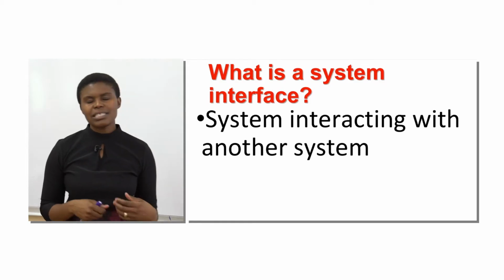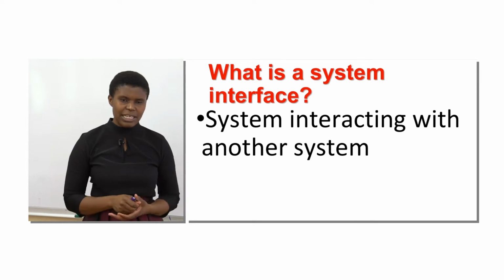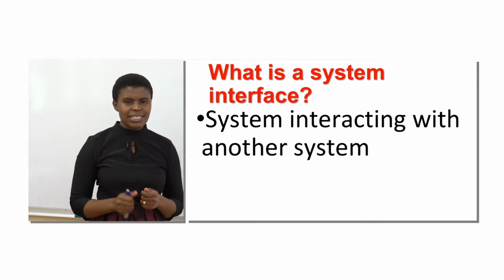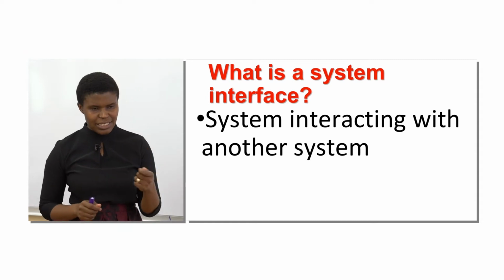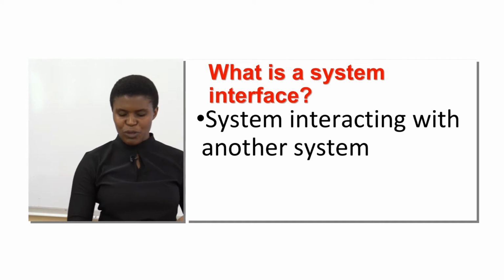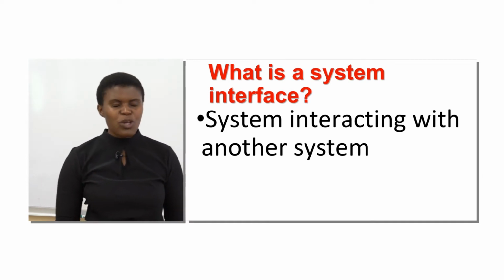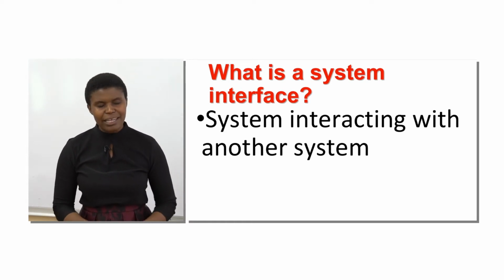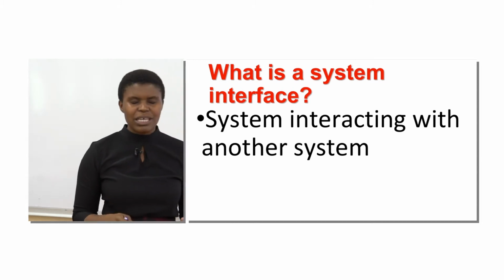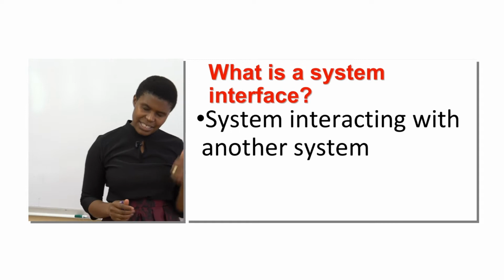So when a laptop, for example, communicates with a printer to print out all the information that we have collected, whatever we have created, we are saying it's an interaction between a system and a system, because we are having different software. We have a printing software, we have a software in a computer. You don't have to take a paper to the printer and type something to print out. You are not involved as a user.